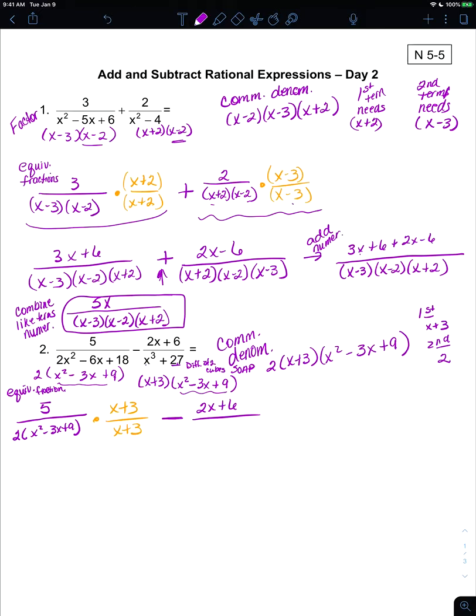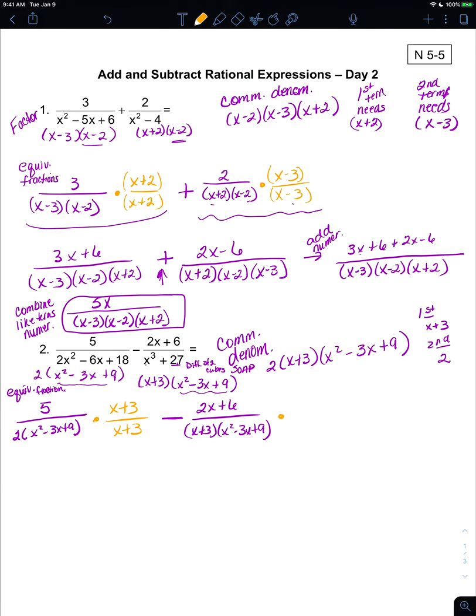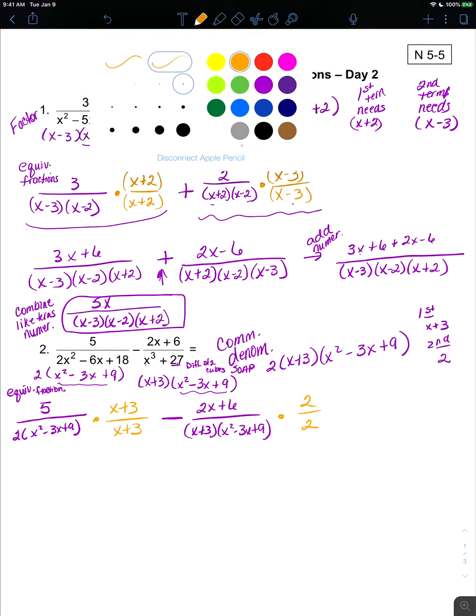Okay, so our second term, 2x, that has the x plus 3 and the x squared minus 3x plus 9. And we need to multiply it by that 2 over 2. Okay, because it needed the 2 in the denominator. Okay, so now we multiply them out.